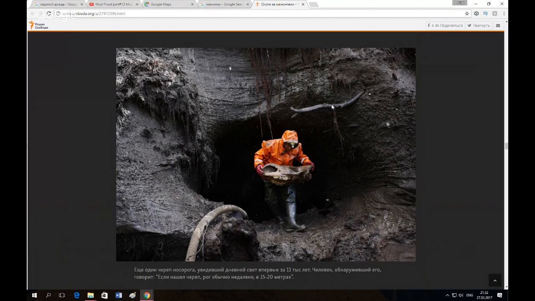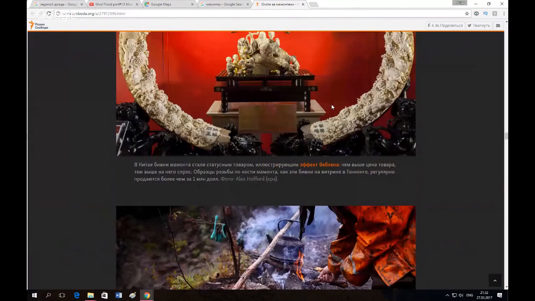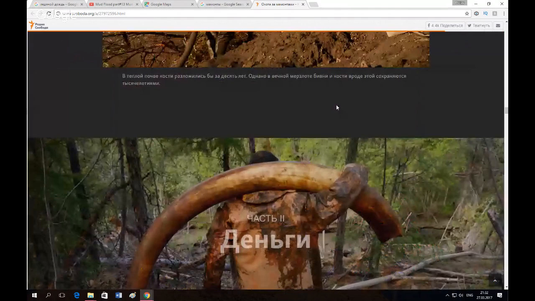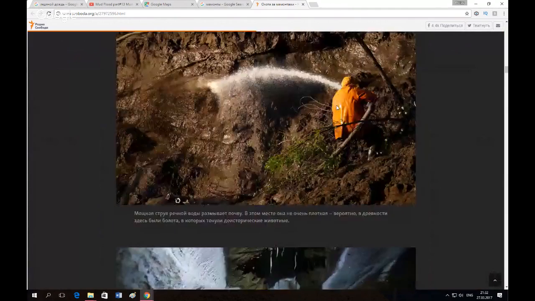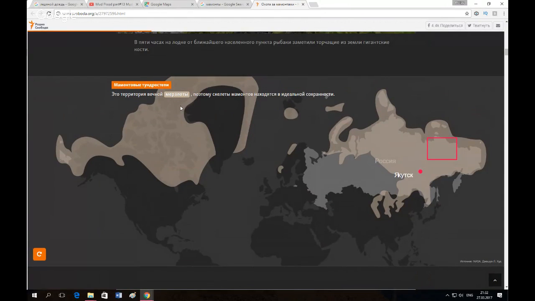So how can you get a permanent heavy raining on such a huge territory for it to get frozen immediately and contain the animals' bodies throughout, let's say, 10,000 years? Is it possible? I don't think so.